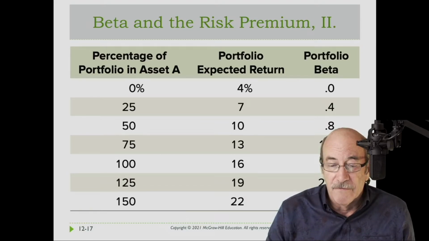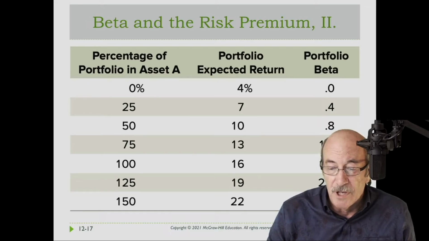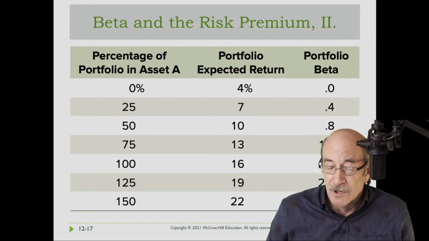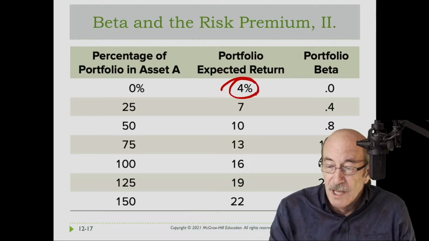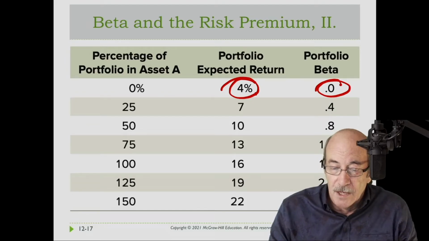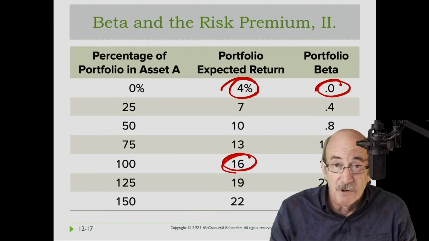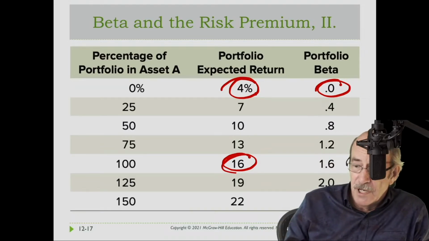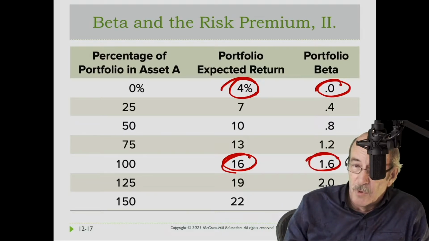So if we have 100% of our money in the risk-free and 0 in asset A, we have a return of 4%, and that has a portfolio beta of 0. And on up to here, we have 100% in the risky asset, 0 in the risk-free, and that gives us a beta of 1.6.